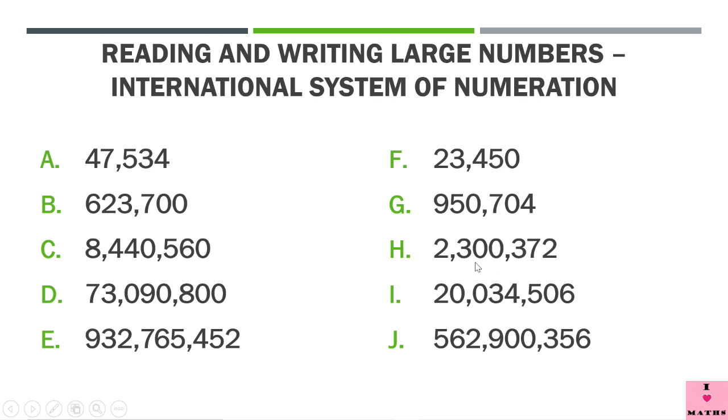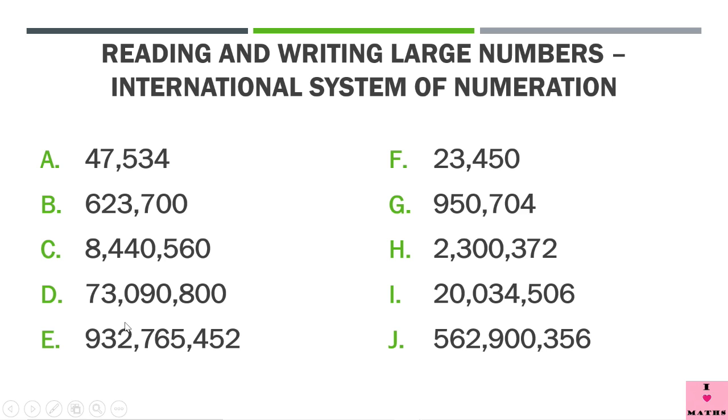So children, in this number you have said 300 two times, but please don't get confused. This 300 is in thousands period and this 300 is in ones period. I repeat this number. 2,300,372.